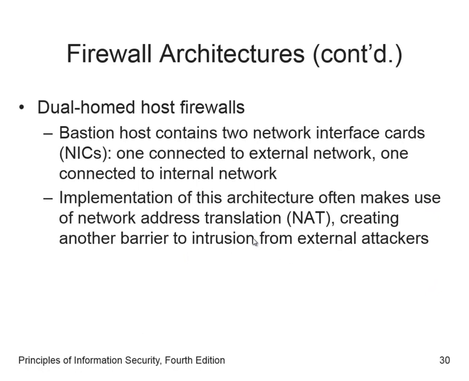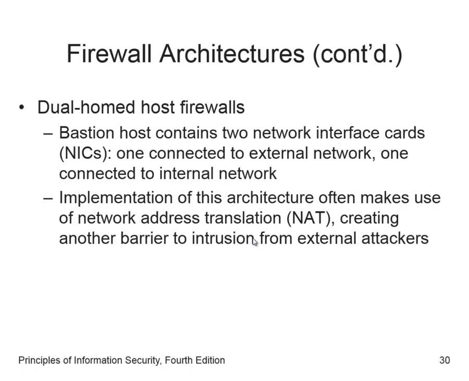The dual-homed host firewalls: with this approach, the bastion host contains two network interface cards, one connected to the external network and one connected to the internal network, providing an additional layer of protection by requiring all traffic to go through the firewall to move between the internal and the external networks.